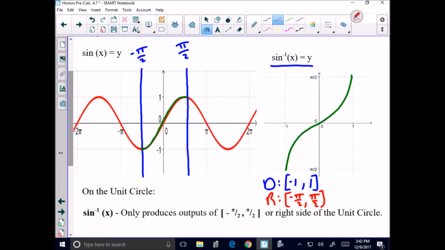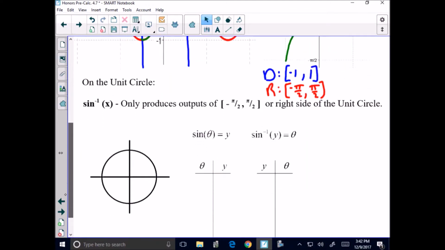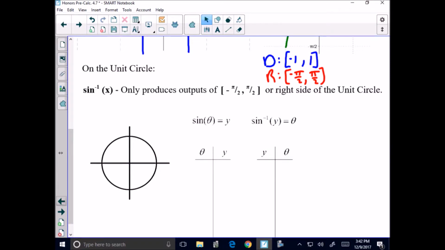Now that means when we're evaluating inverse sine, we're really just using the right side of the unit circle, right? So in general, we'll say inverse sine only produces outputs of -pi/2 to +pi/2, or on the right side of the unit circle. So inverse sine is basically going to be evaluated only on the right side of the unit circle from -pi/2 to pi/2.